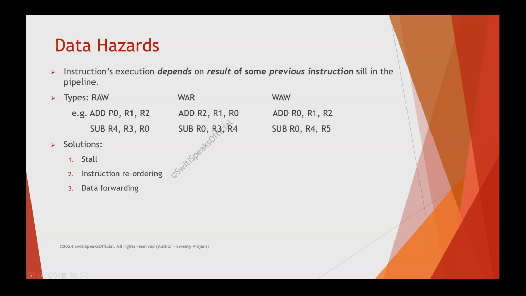So when this is in execute, the next is in instruction decode. I will forward the result of R0 directly to the second instruction so that it gets the latest value of R0, whatever was calculated during execute. Then and there itself, your next instruction will get the value of R0. This is called data forwarding.